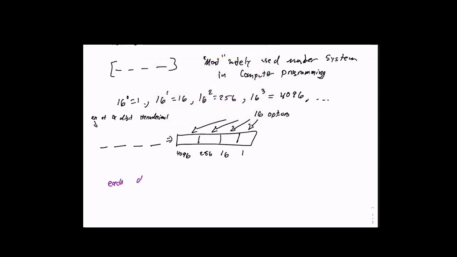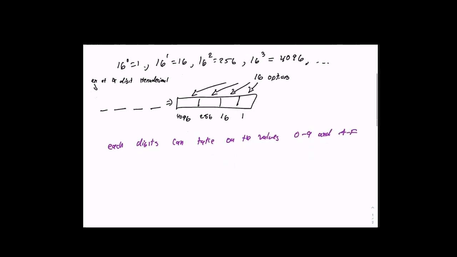So each digit can take on the values 0 through 9 and A through F. So this numbering system actually has letters in addition to the numbers, and you might have seen this in some instances and never knew what it was meant for, but that's what it is.